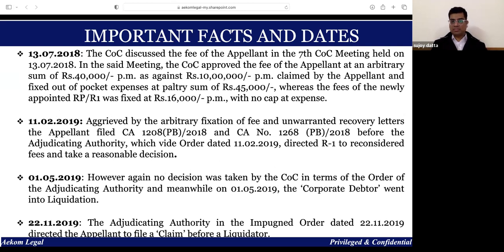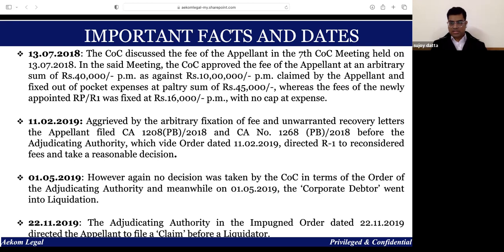The CoC fixed a meeting to discuss the fee of the appellant, and they gave a very short notice, in which time the person was not able to attend the meeting. And whereas the person had claimed a per month fee of 10 lakhs, the CoC approved the fee at what the appellant claims was an arbitrary sum of rupees 40,000. And the out-of-pocket expenses were also fixed at 45,000.